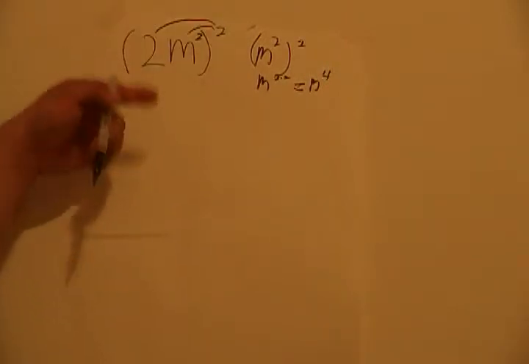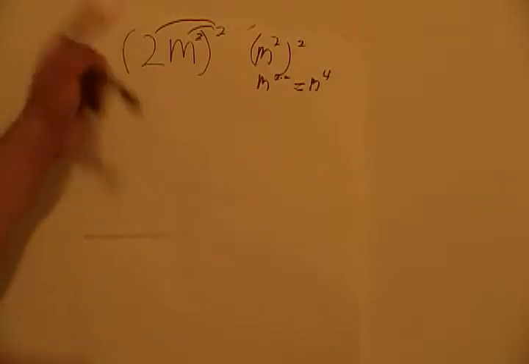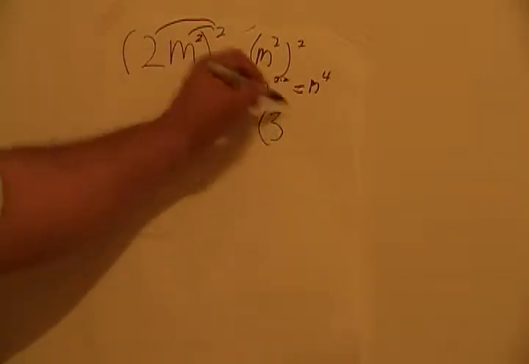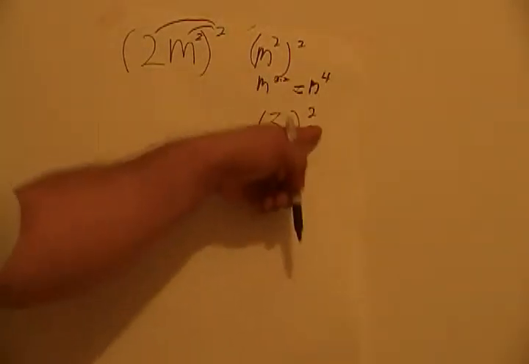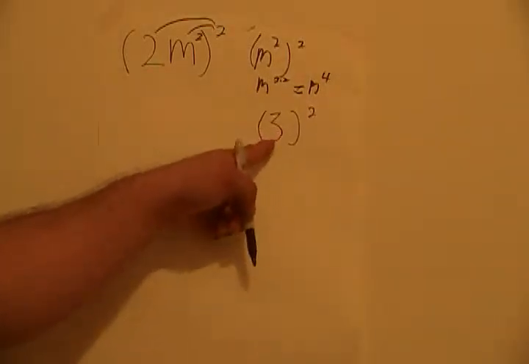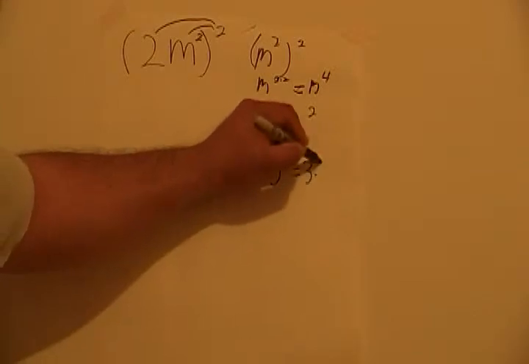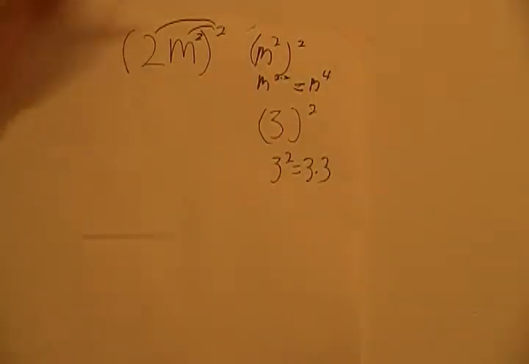Well, in this case 2 times 2, 2 squared, same thing. But if you had a different number, it wouldn't be the same. For example, if we had 3 squared, it's not saying 3 times 2. It's saying 3 squared, which is 3 times 3. Much different than 3 times 2.